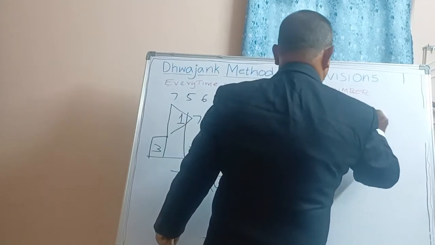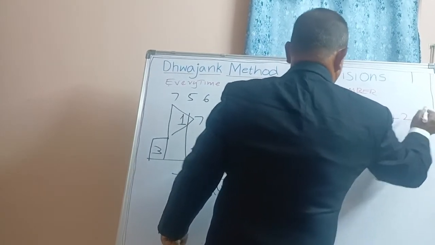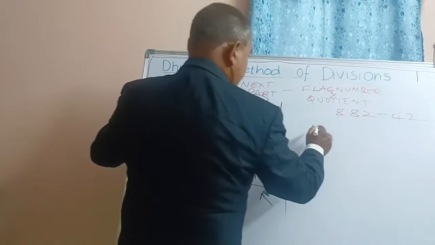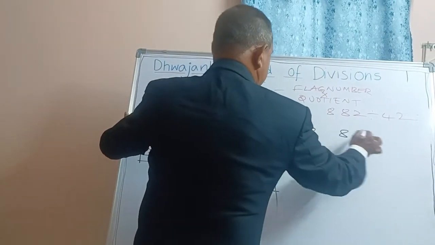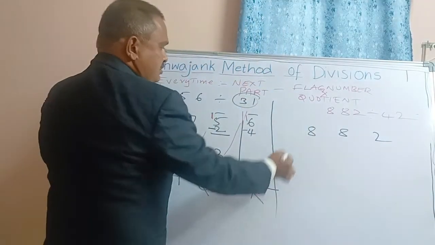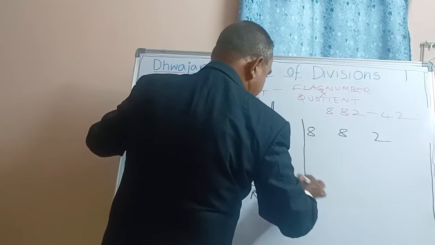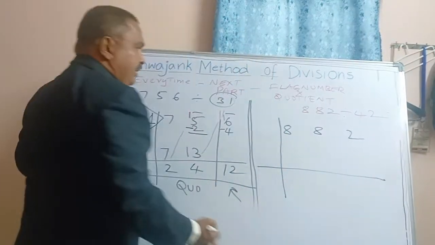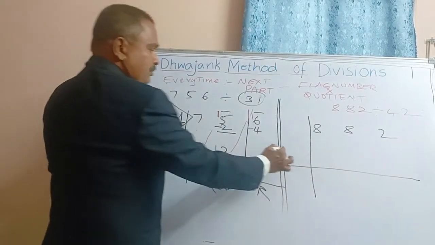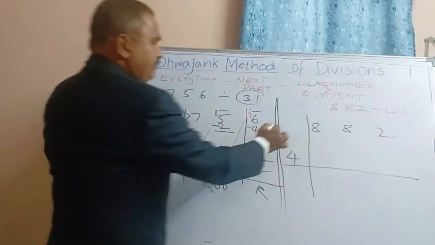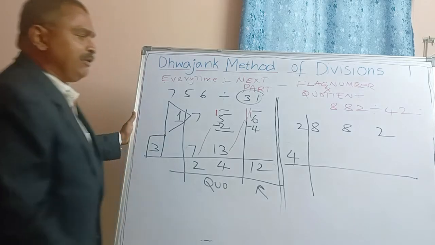882 divided by 42. Now write 882 like this, divided by 42. 4 is the base number. 2 is the flag number.